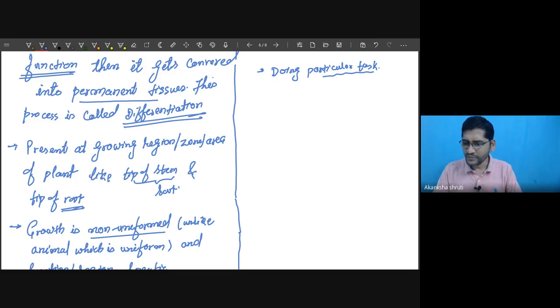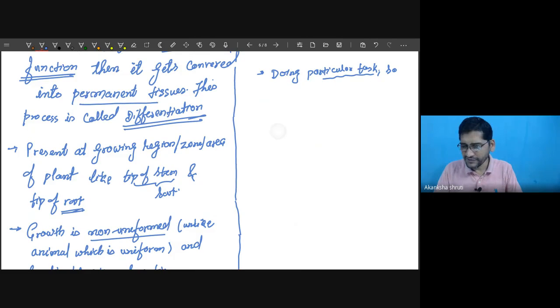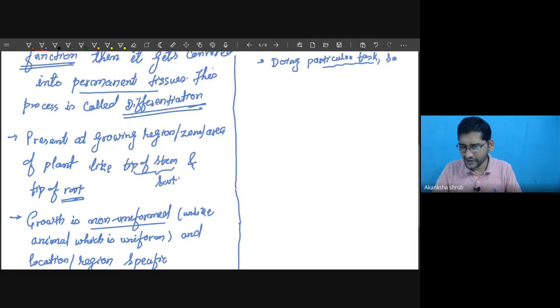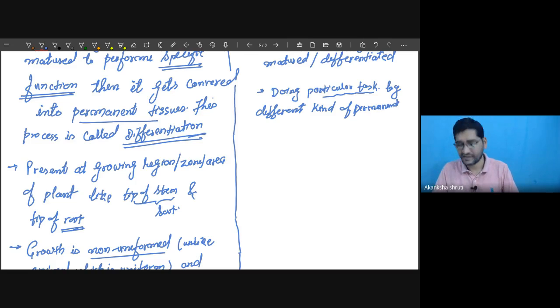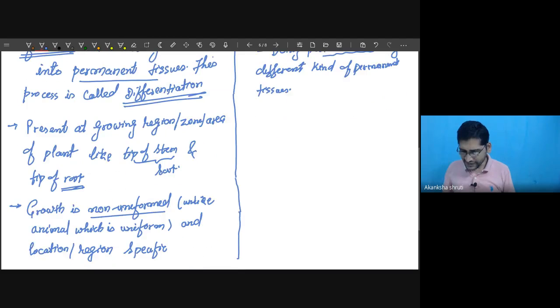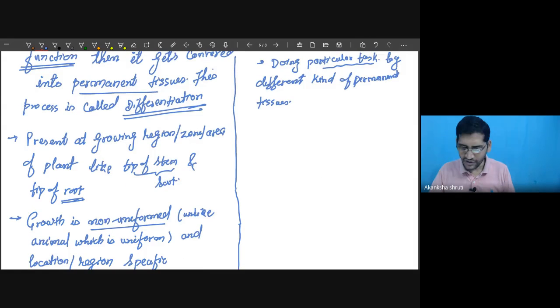Doing a particular task, so different kinds of permanent tissues. Okay, so what are their further classifications? That we already know, that we had already written.